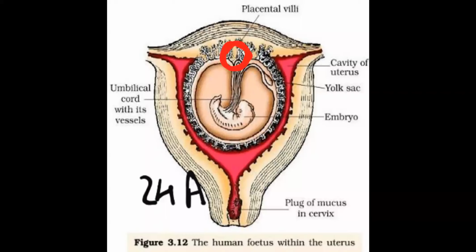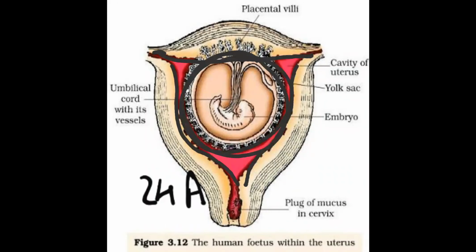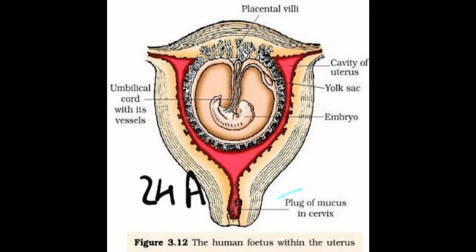But as the time progresses, the embryo comes out into this cavity. Now, what is this cavity all about? This is the one we are talking about. This is the cavity of uterus. So the embryo comes down into this cavity.